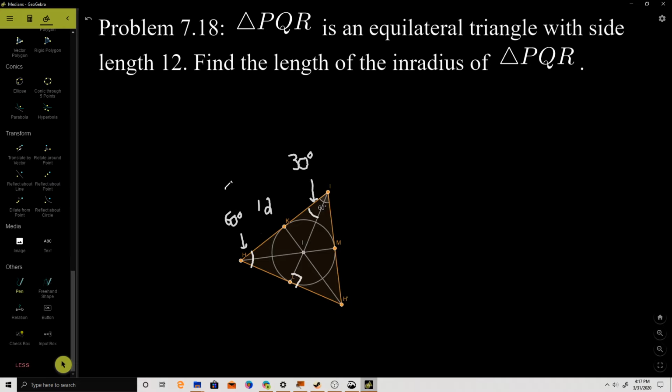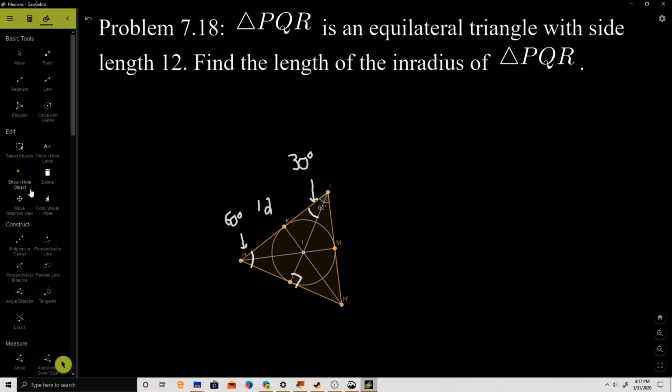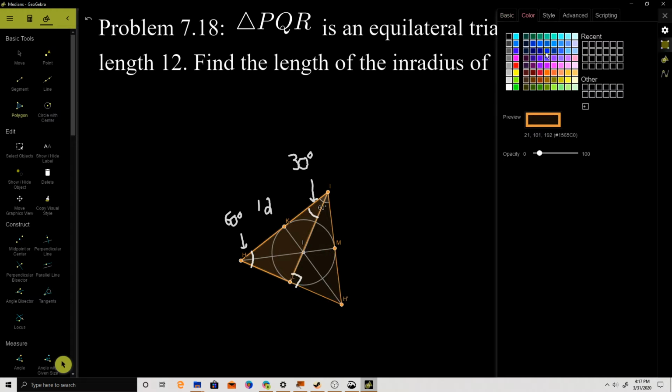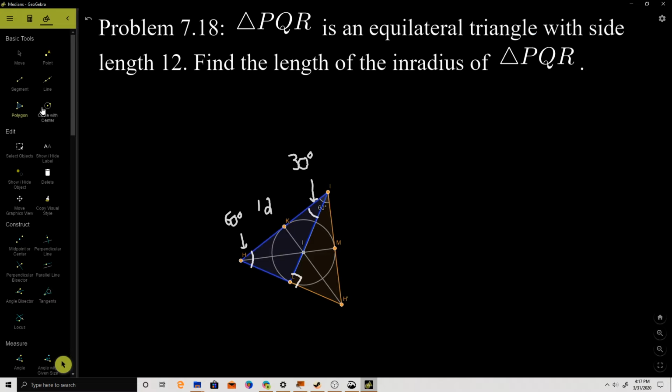Well, I have this 30-60-90 triangle, and it has a hypotenuse. Here, I'll highlight it so we all know which one I'm talking about. This is our 30-60-90 triangle. Now let me shade it in a nice blue. Now it has a hypotenuse of 12.